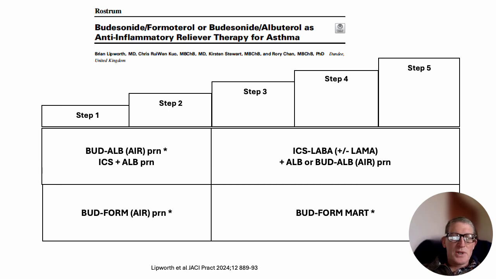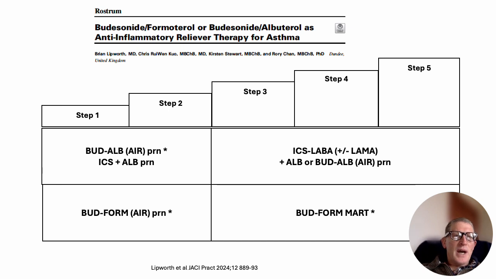The simplest thing is to look at the bottom track, and that's using budesonide formoterol on demand, PRN, as anti-inflammatory reliever therapy at steps 1 and 2 for mild intermittent or mild persistent asthma. Then as you go up the escalator you use the same inhaler, budesonide formoterol, but this time as anti-inflammatory reliever plus maintenance therapy, and there the dose would be 2 to 12 puffs a day, normally 2 to 8 puffs a day, but you don't go below a maintenance dose of 2 puffs a day.